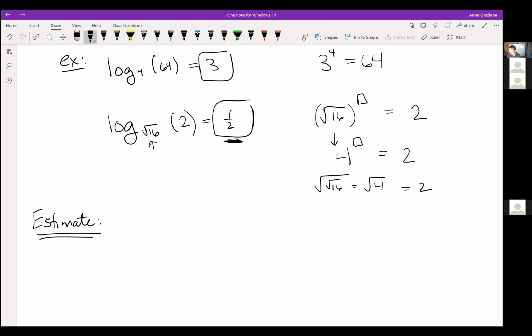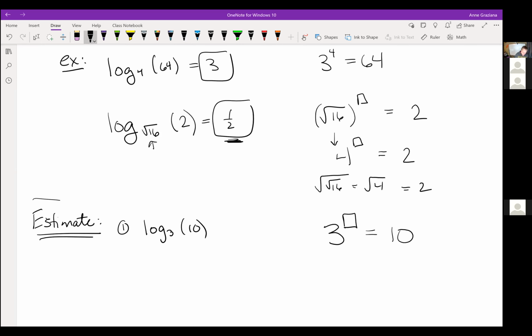Oh, here we go. This is what I want to use. Find or estimate. We can't find it exactly, so estimate. Here's one: log base 3 of 10. Remember, my equivalent question is 3 to what power is going to give me 10?